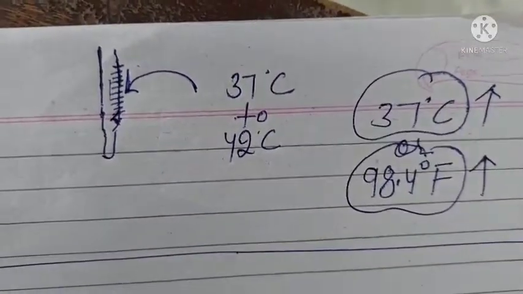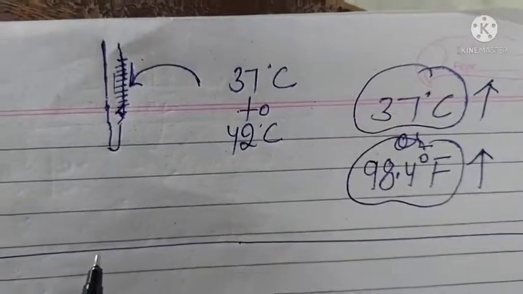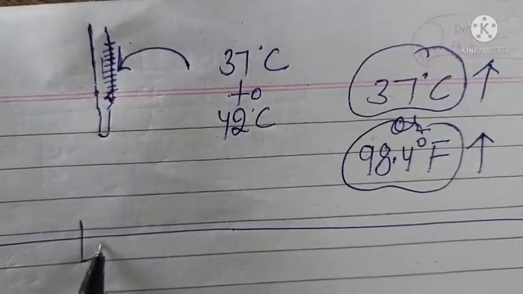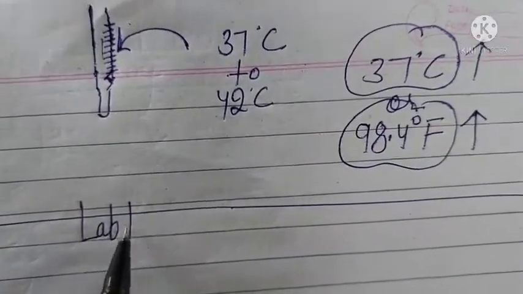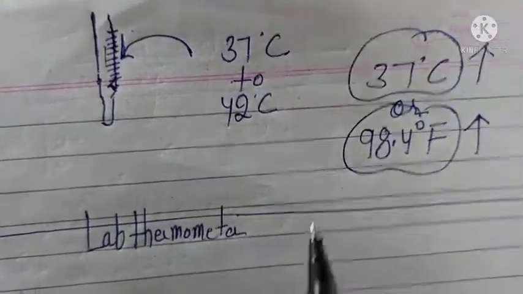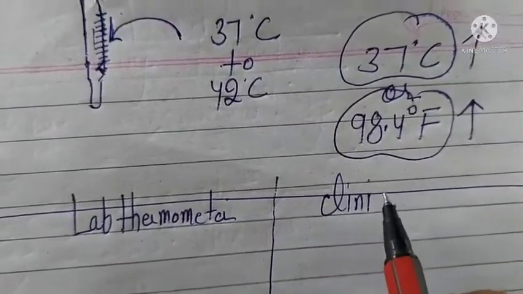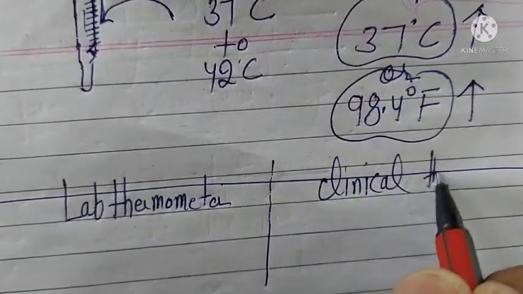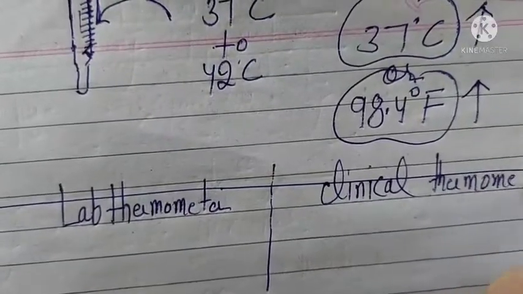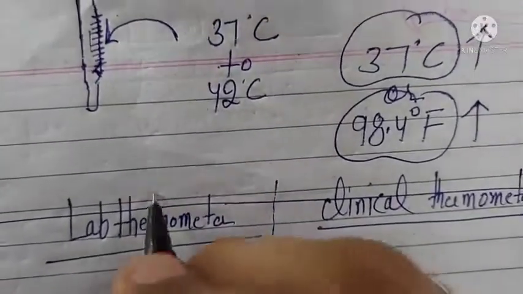And they will also ask about the difference between the lab thermometer and the clinical thermometer, so this difference should be known to you. Today we have discussed the instruments that are used to measure temperature, like the thermometer.